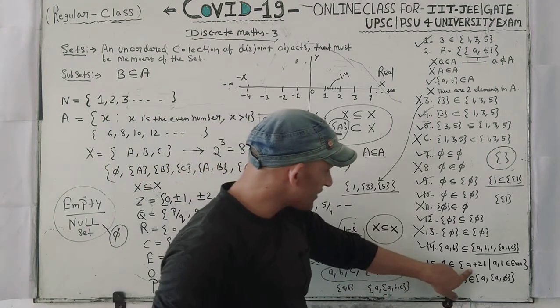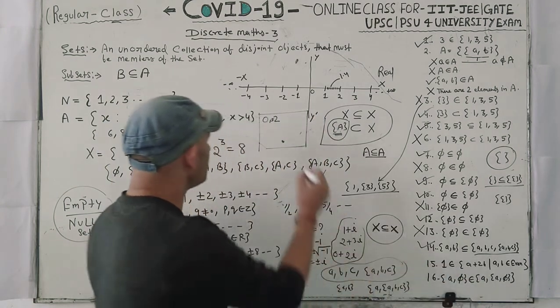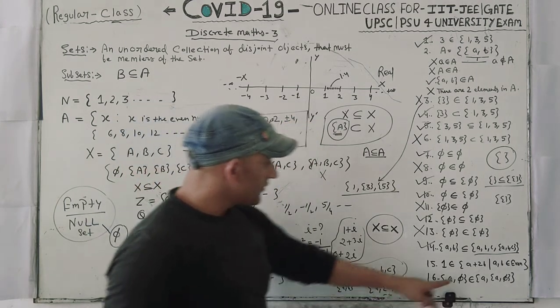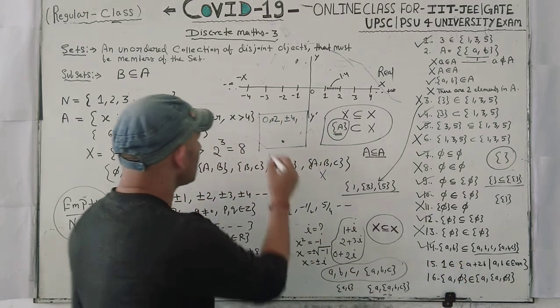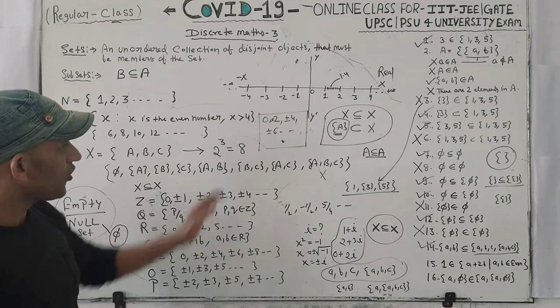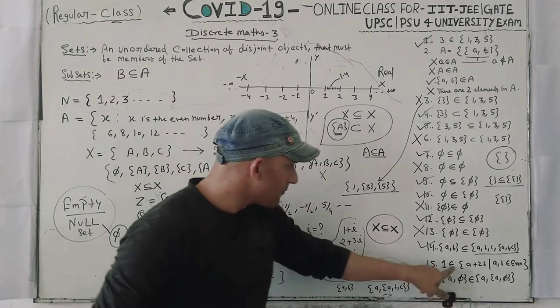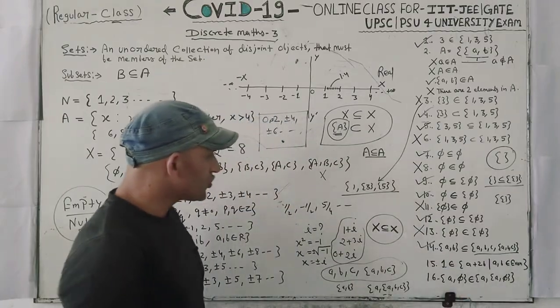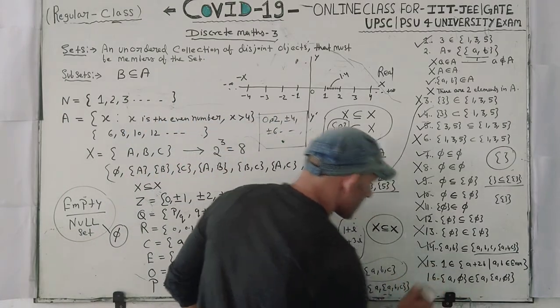Suppose I take 0, then your number will be 2 into 2, 4, plus minus 4, then 6 plus minus 6, and so on. All the even numbers are coming here, but 1 will never come. So your condition is incorrect.